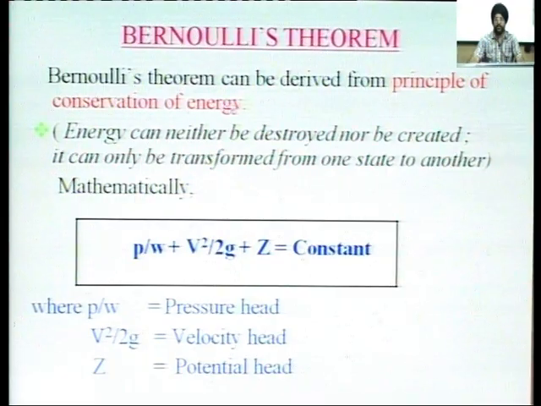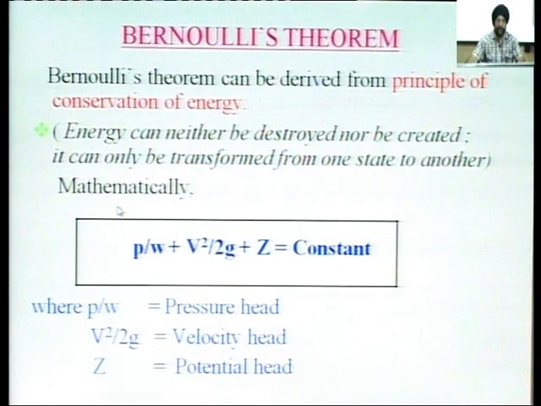Now Bernoulli's theorem can be derived from the principle of conservation of energy. You must have studied this principle in your previous classes: what is the principle of conservation of energy? That energy can neither be destroyed nor be created, but it can be transformed from one state to another. Bernoulli's theorem can be derived from this principle.